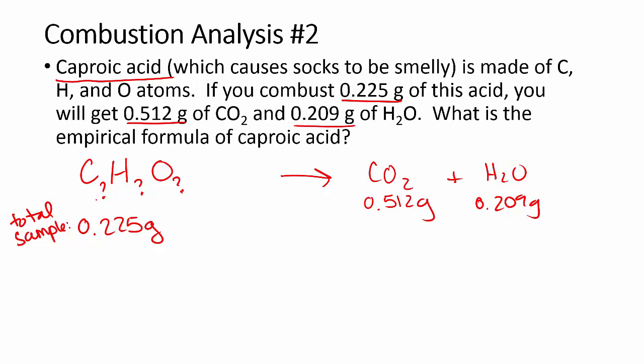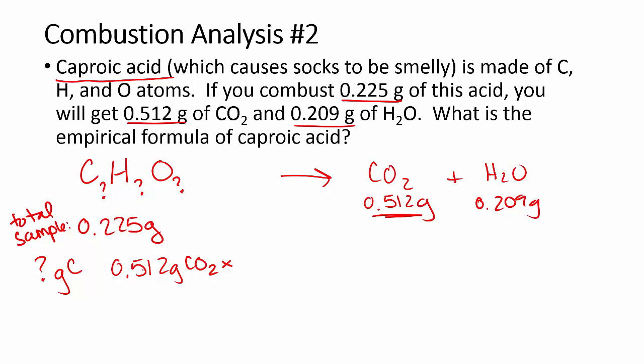Alright, so my first step is I'm going to figure out how many grams of carbon I had in my original sample. I know my grams of CO2. I know that that's 0.512 grams CO2. And there's several different methods you could use at this point. But one method I think might be the easiest is you could use the mass percent.